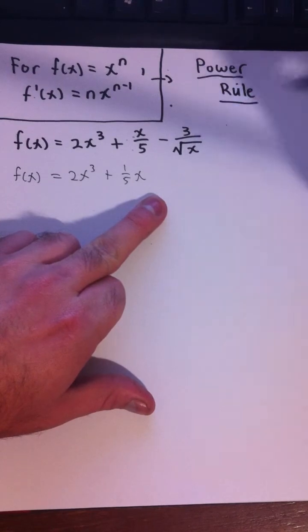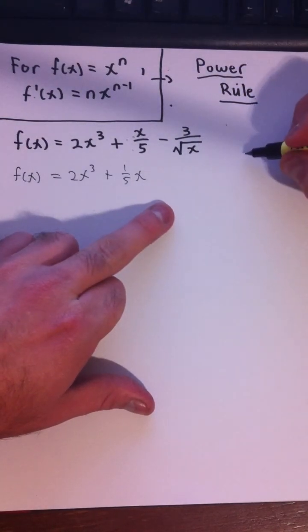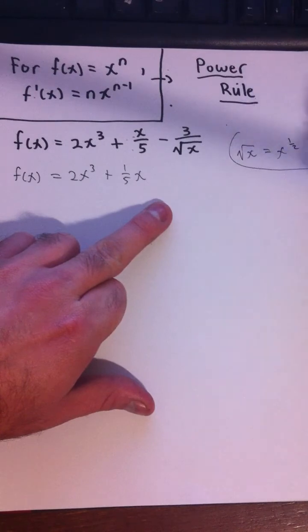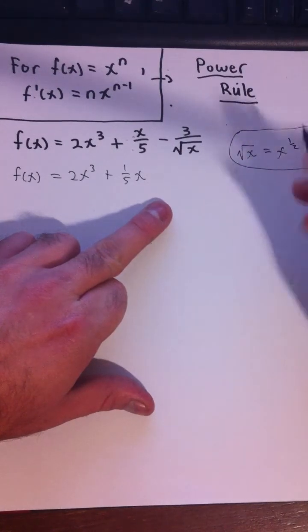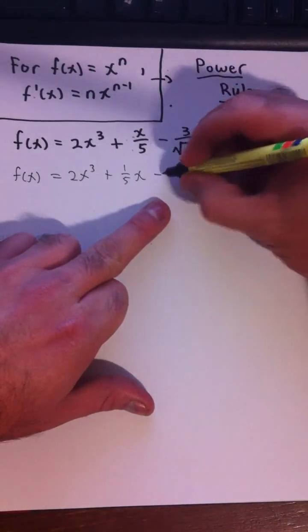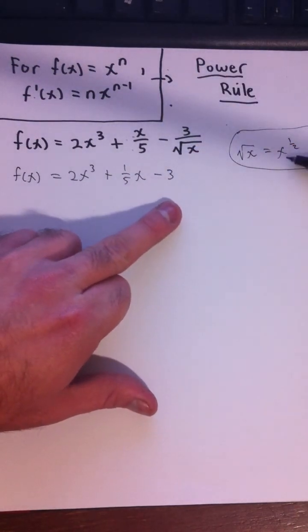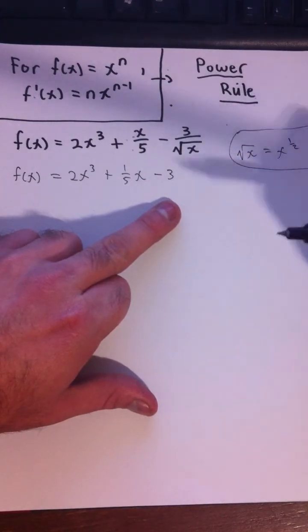Okay, in the side note here, we'll just write that square root of x can also be written as x to the power half. Little side note there. Okay, so what we're going to do there, say minus 3, but instead of having 3 over x to the power half, we want to get this x to the numerator.